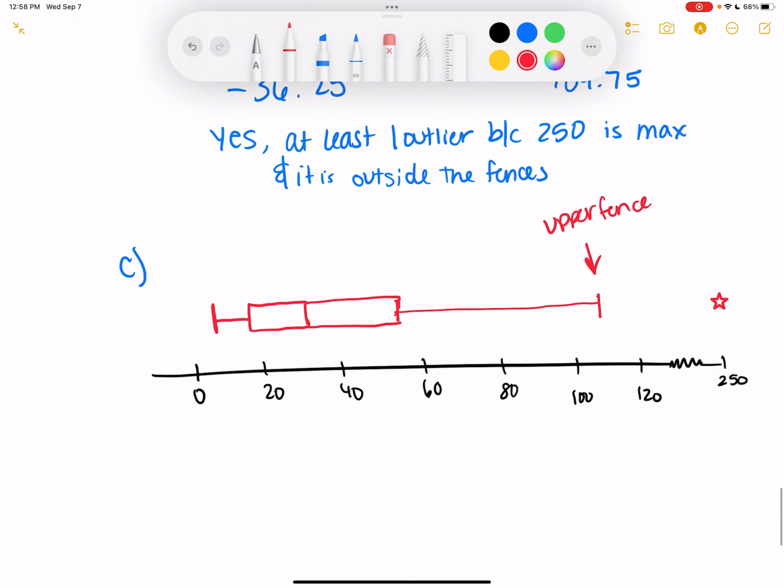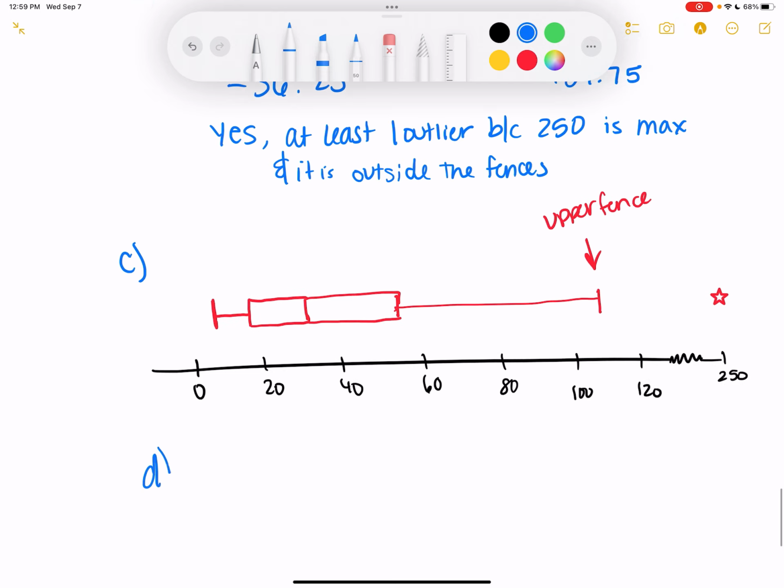So just a couple things that I would note about this problem is that it's a range of 6 to 250 acres. I would say that most are around 33.5 acres, because that's our median.